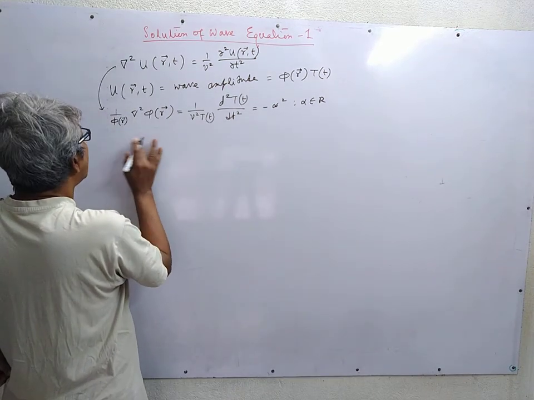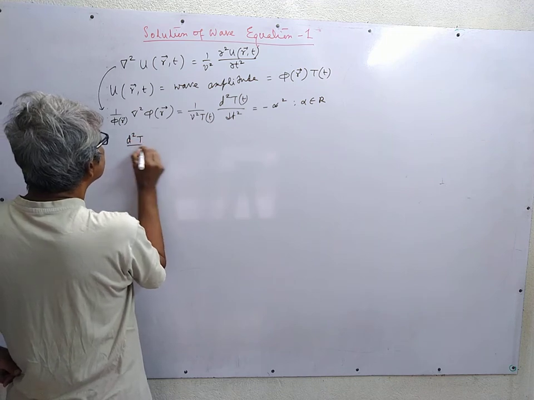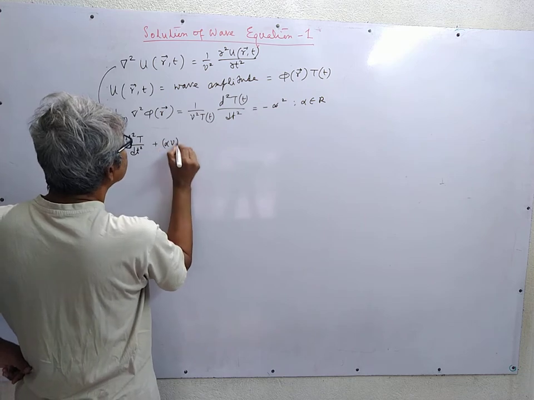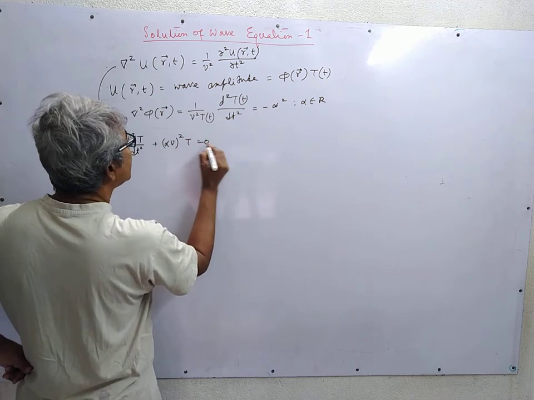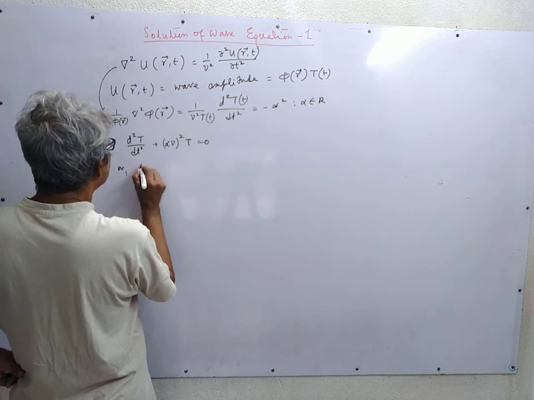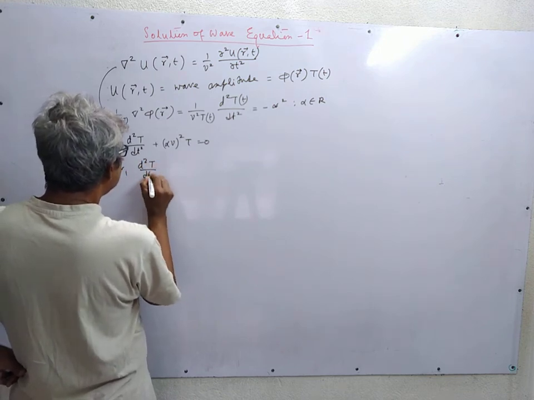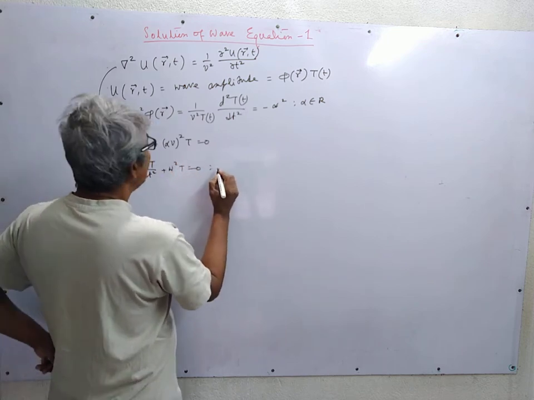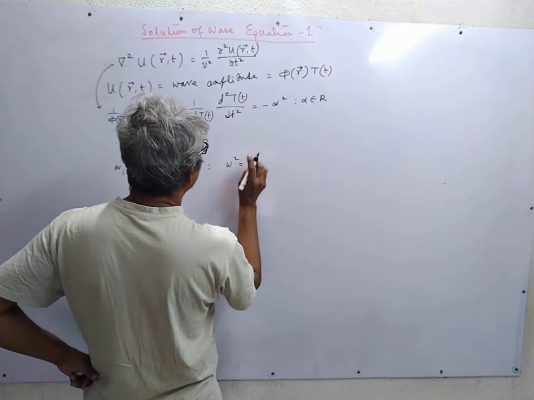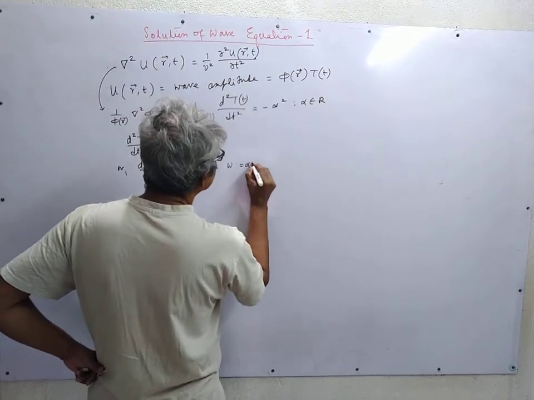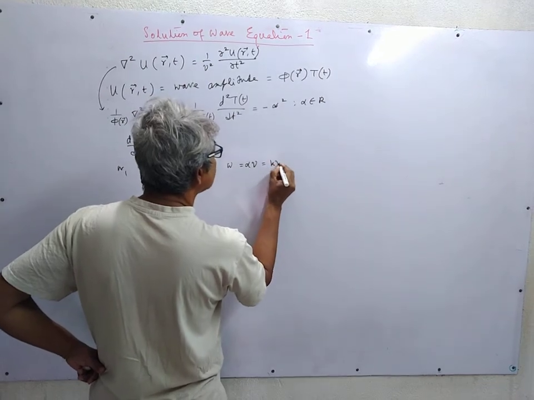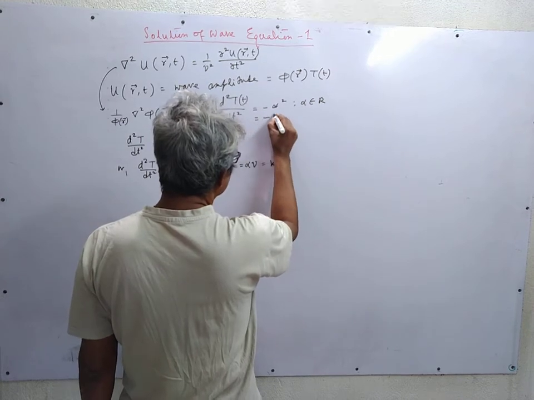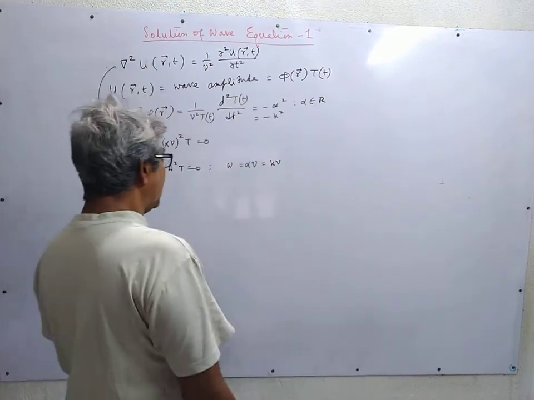So we get d2T dt2 plus (alpha v) whole square T is equal to 0, or we write it d2T dt2 plus omega square T is equal to 0, where omega square is equal to (alpha v) square, but we know that it is k times v, where k is the propagation constant, so this separation constant is actually propagation constant k.